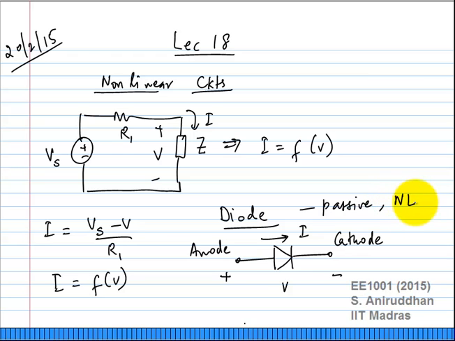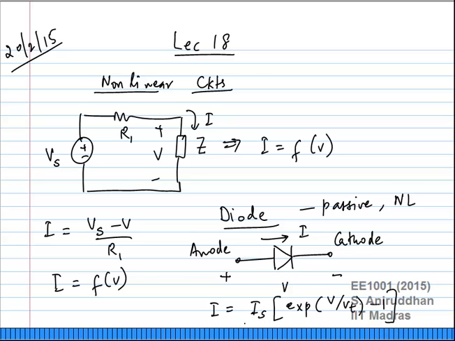The current voltage relationship for a diode is in the following manner. The current is some Is times exponential V by Vt minus 1. This is the equation describing the voltage current relationship for a diode.